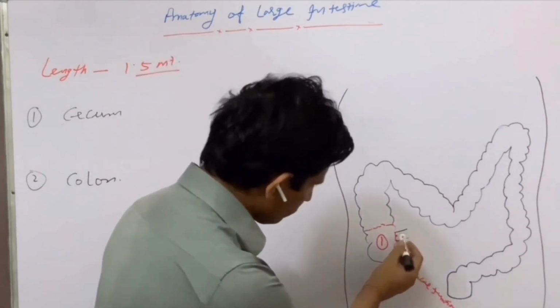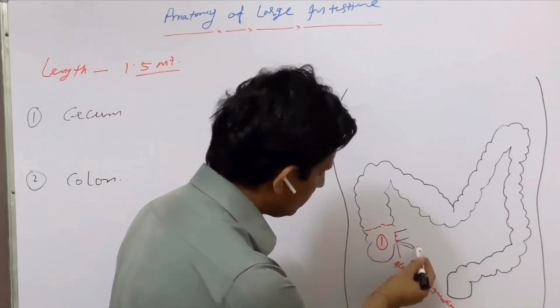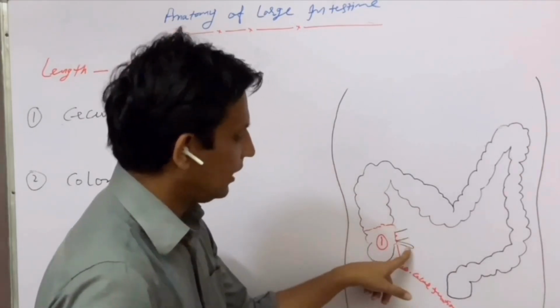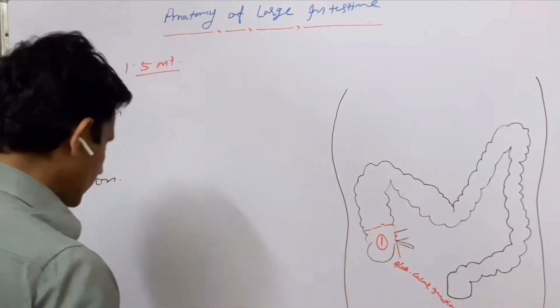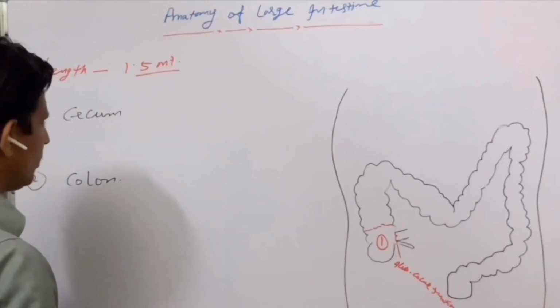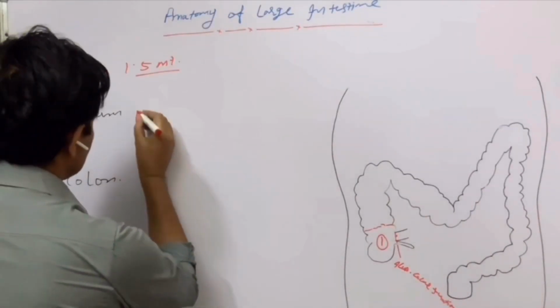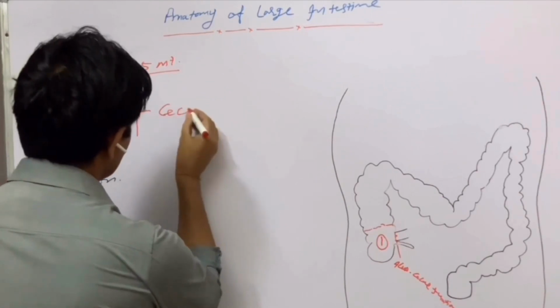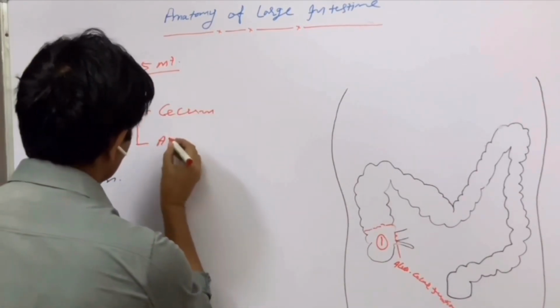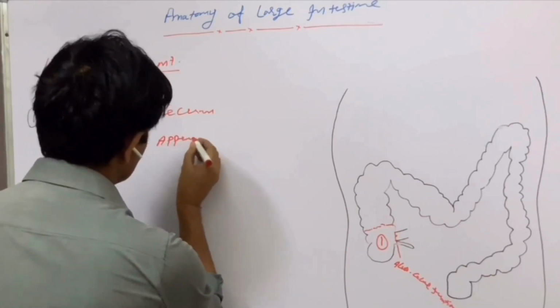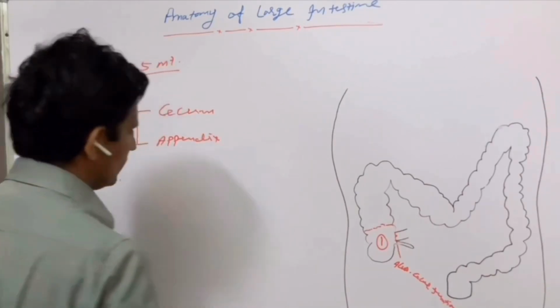This particular projection is known as the appendix. So we will discuss the cecum in two parts: one is the cecum, and the second one is the appendix.